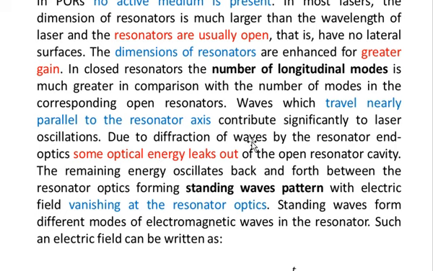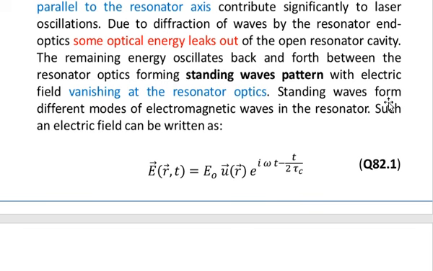Due to diffraction of waves by the resonator and optics, some optical energy leaks out of the open resonator cavity. The remaining energy oscillates back and forth between the resonator optics, forming a standing wave pattern with the electric field vanishing at the resonator optics. Standing waves form different modes of electromagnetic waves in the resonator.